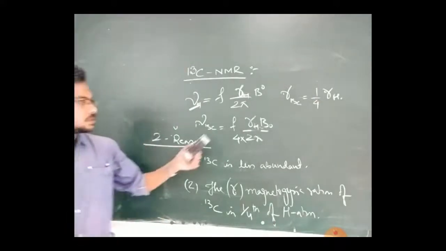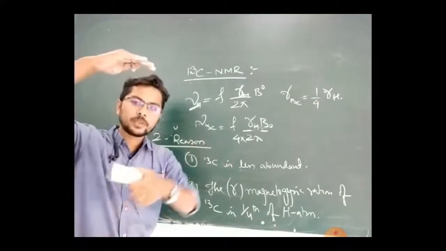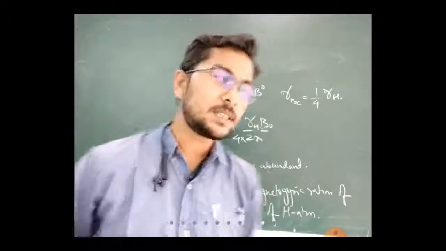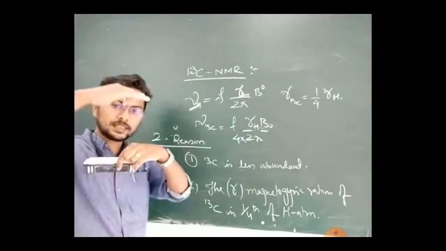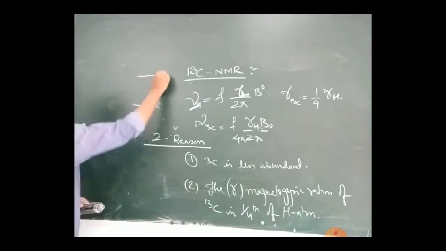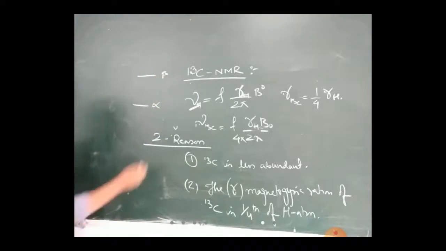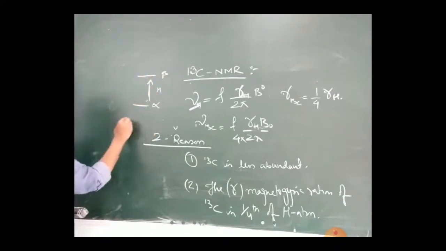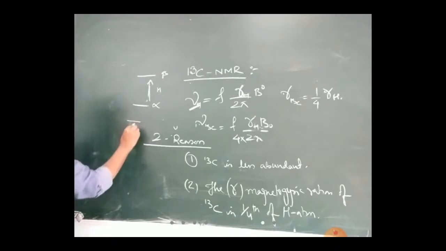So the resonating frequency of 13C decreases, and as the resonating frequency decreases, the energy separation decreases. Suppose this is the energy separation between the alpha and beta states for proton; for carbon 13 this will decrease.